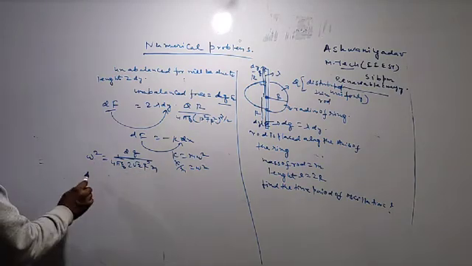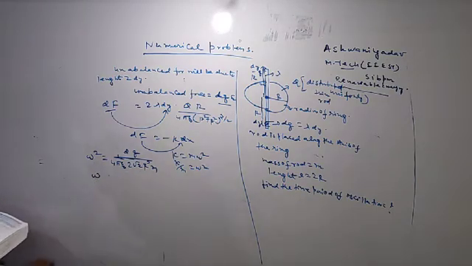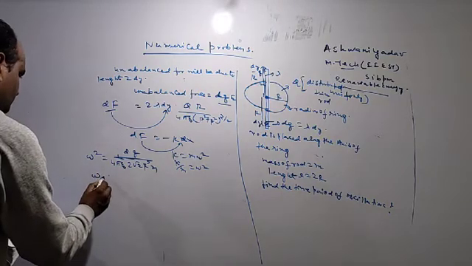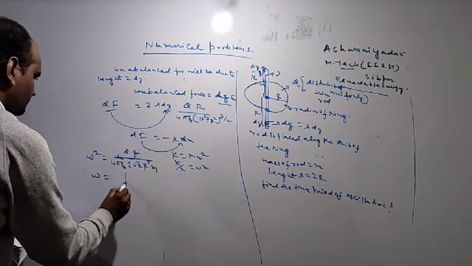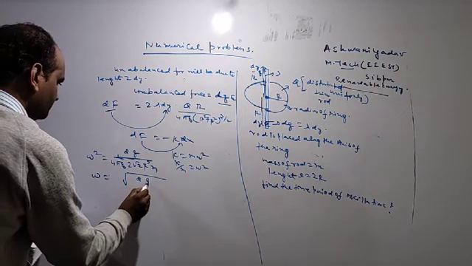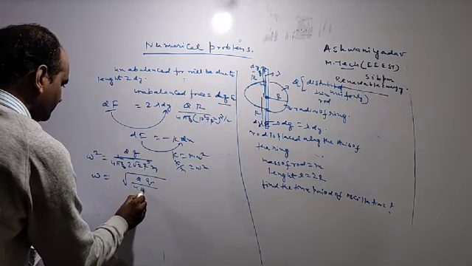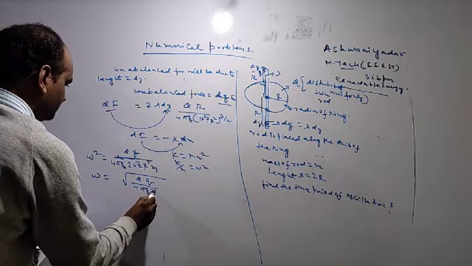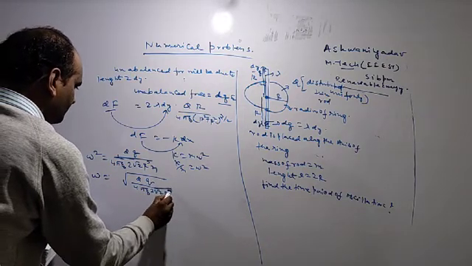Now you can find the time period. Omega is under root q by 4 pi epsilon naught 2 root 2 r cube by m.